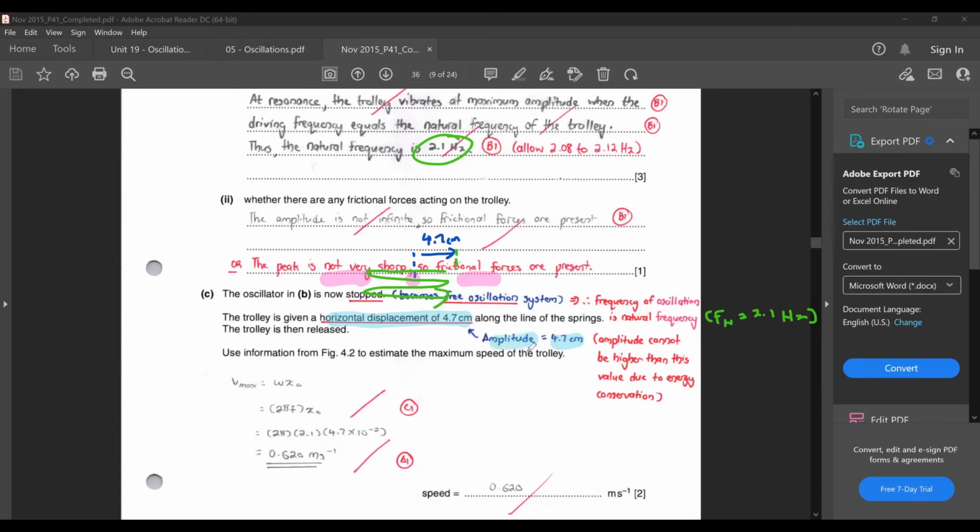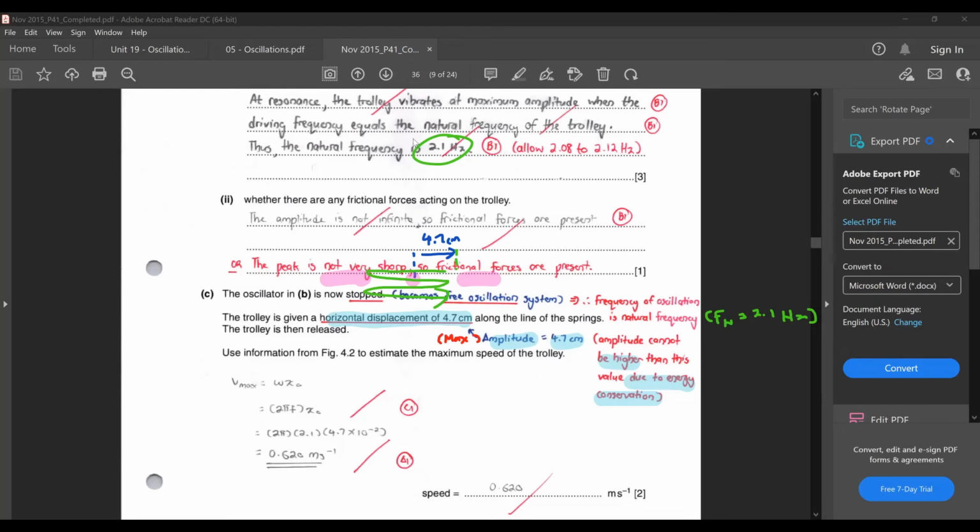I mentioned to you, whatever displacement you give your system, your amplitude will only go up to as much. It can never be higher than whatever you put in because of conservation of energy. So when they tell you your initial horizontal displacement is 4.7, you can just think of it as your amplitude as 4.7. Or in other words, maximum amplitude is 4.7. It can never go higher, but it can go lower if you have damping.